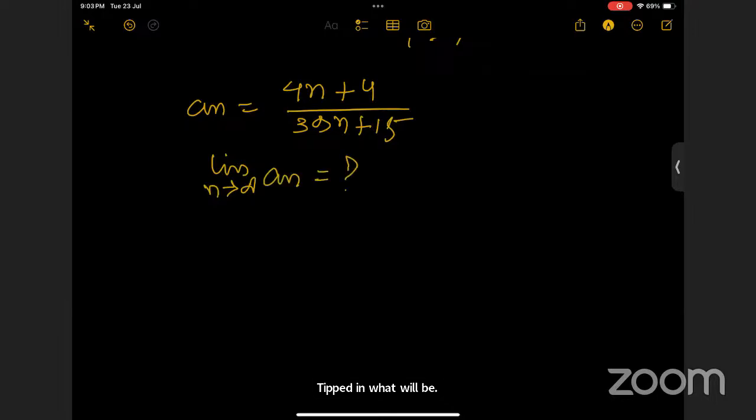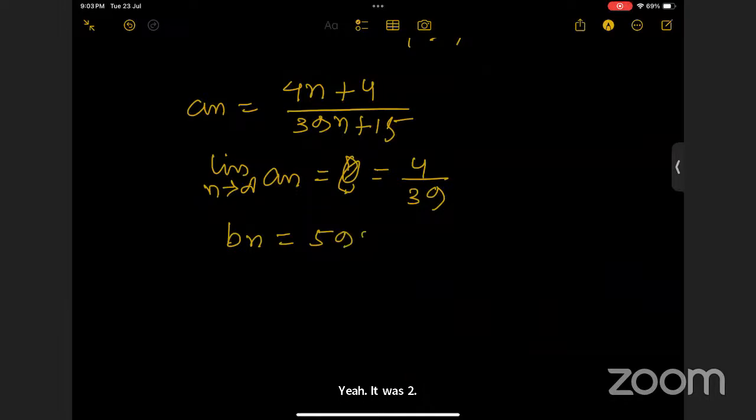The value is clearly 4 by 39, right? Now we have bn equals 5, 9. Ma'am, in the denominator you have written 39n. This is 39 n multiplied by n, not to the power.